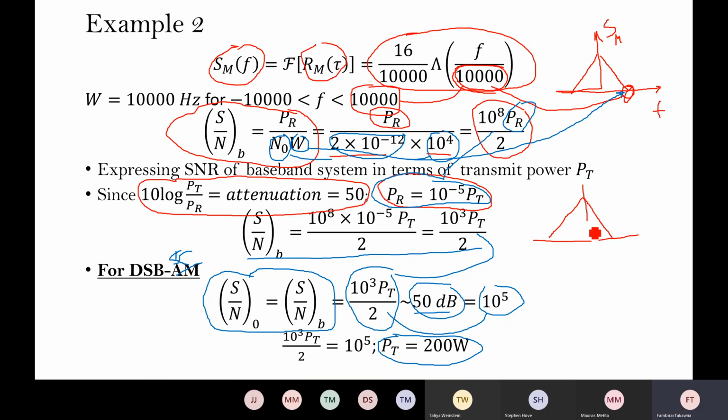Okay? If the autocorrelation was triangular, like this, so this will be, let's say, R of tau. Because in this case, it's actually given in reverse. The sinc function is in the time domain, and the triangular function is in the frequency domain. So what you are saying is, what if the question had said the autocorrelation is triangular? Then in this case, what you would find is that the inverse Fourier transform of that would now be a sinc squared function. And your sinc squared function would have something that does this.